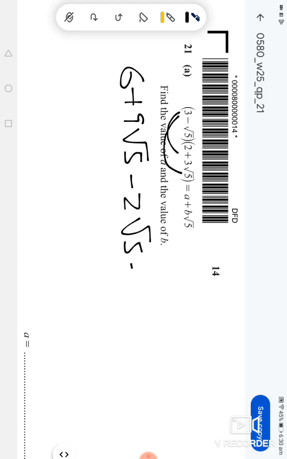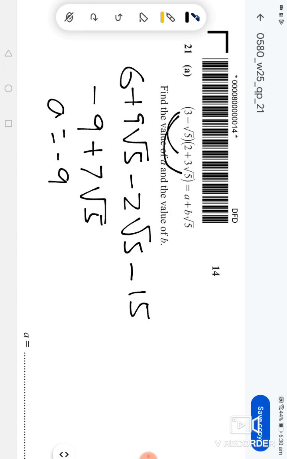And minus 3 times 5, 15. So 6 minus 15 is minus 9, and 9 minus 2 is 7 root 5. So a is minus 9 and b is 7.